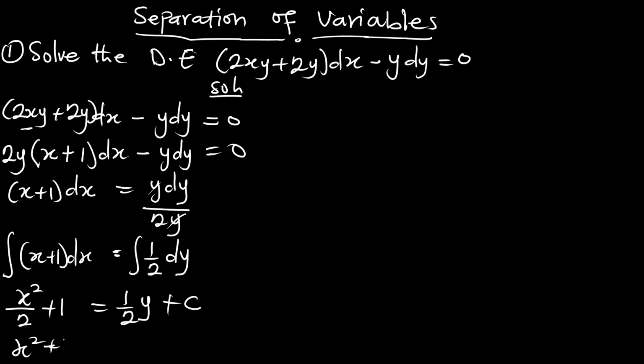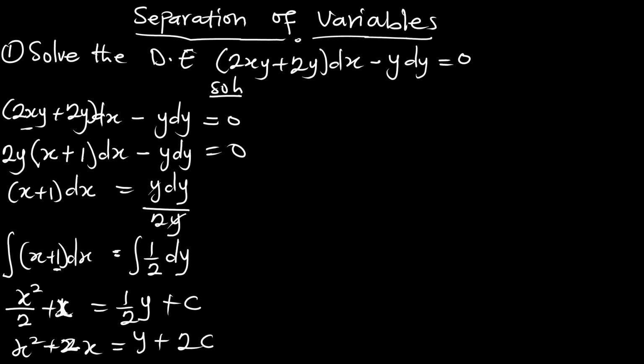If we integrate this one, we are getting x. So multiplying through by 2, x squared plus 2x is equal to y plus, say, 2c.